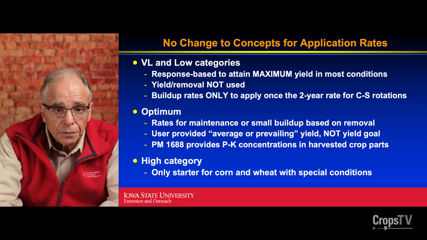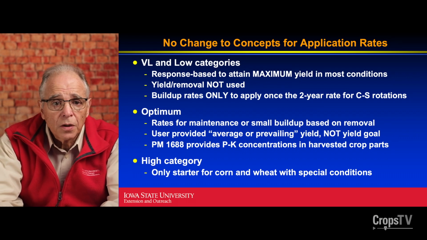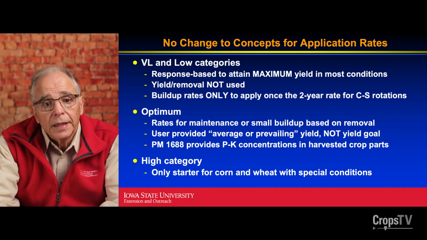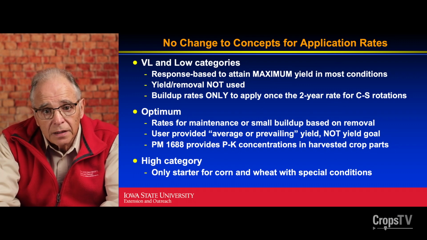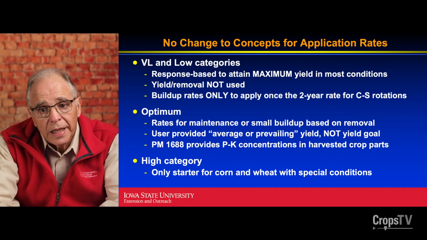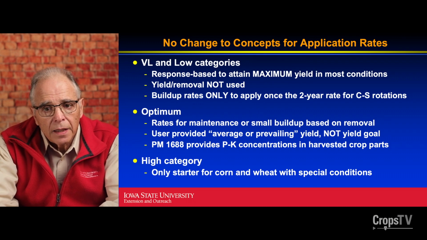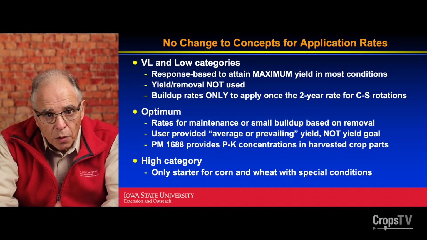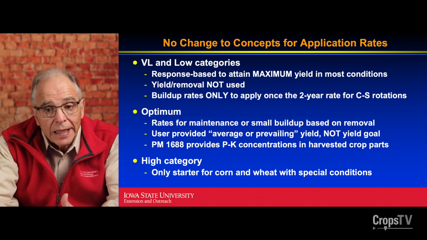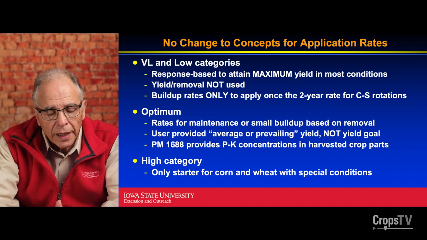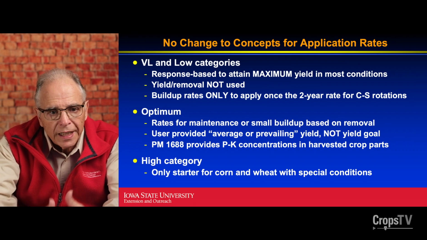Now, the optimum is based on average removal, okay? And the rates are meant to maintain or have a small build-up. And we recommend using the user-provided average or prevailing yield, not yield goal, and not necessarily the yield of 1 year.